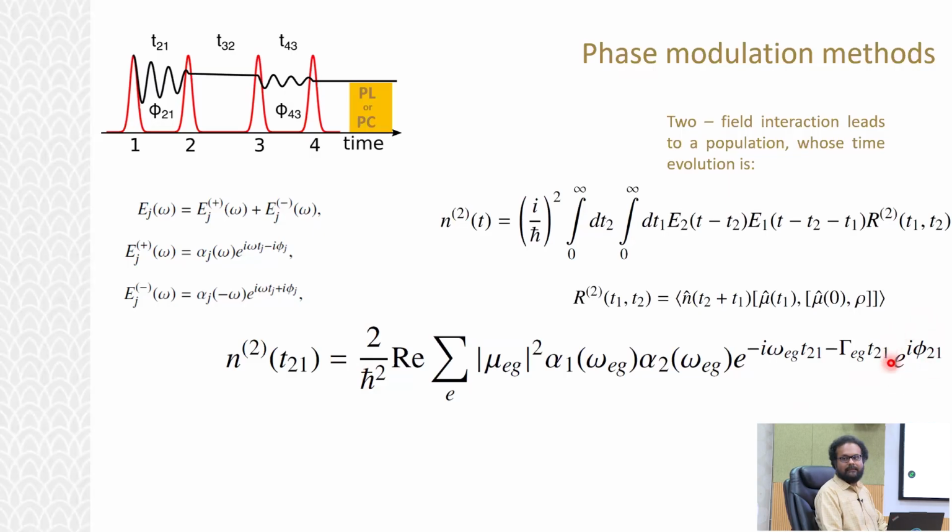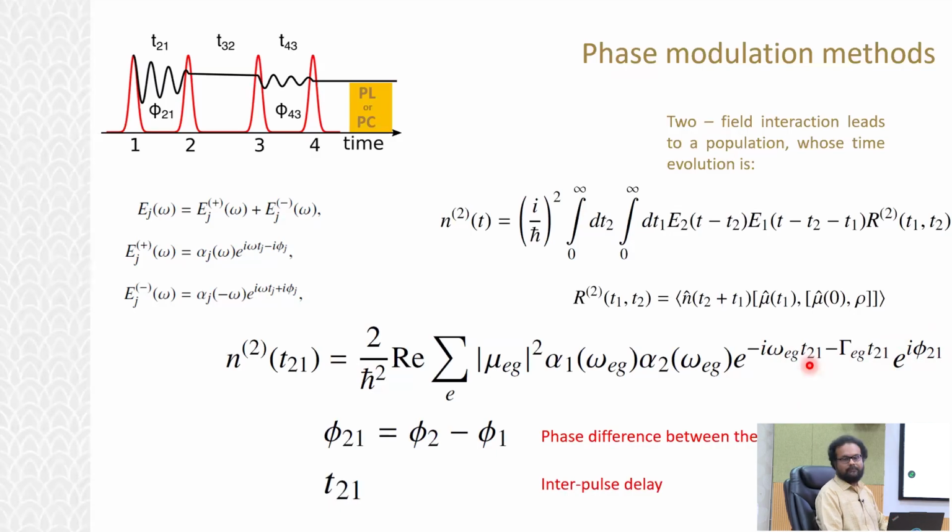You agree with me on that? The phase difference between the two, right? So there's a phase difference between the two pulses, and also you will see there are oscillations at the frequency of the energy difference, and also coherence decay happening at the interpulse delay T21.